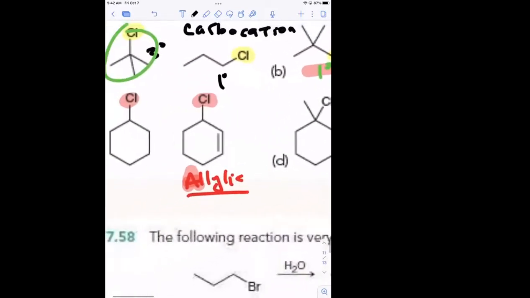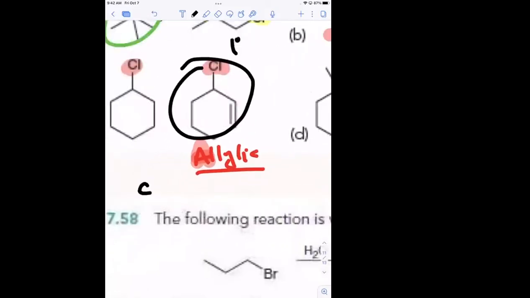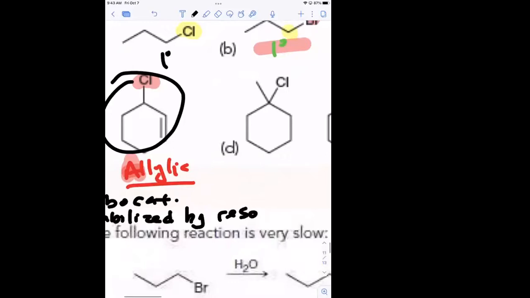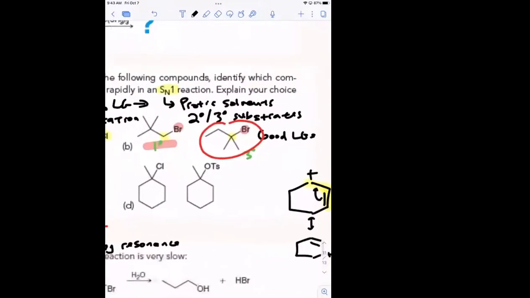So this is faster because the cation is stabilized by resonance. Right, stabilized by resonance. All right, let's look at D.